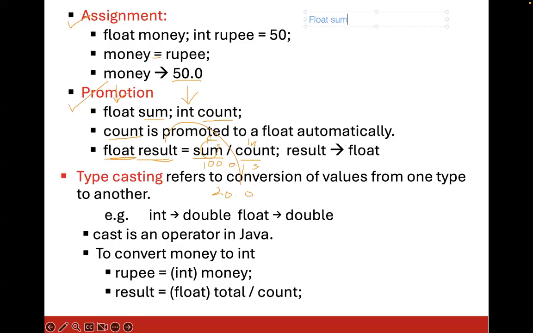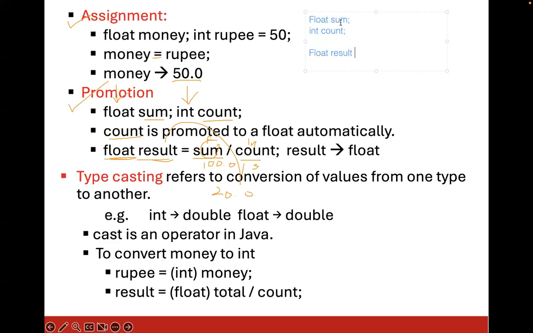We have a variable called sum. And then we have another variable called count. These are variables and these don't have any values at the moment. So now you want to do a small calculation. Because of that calculation, you're going to take a new variable. So now these are the three variables we have: sum, count, result.